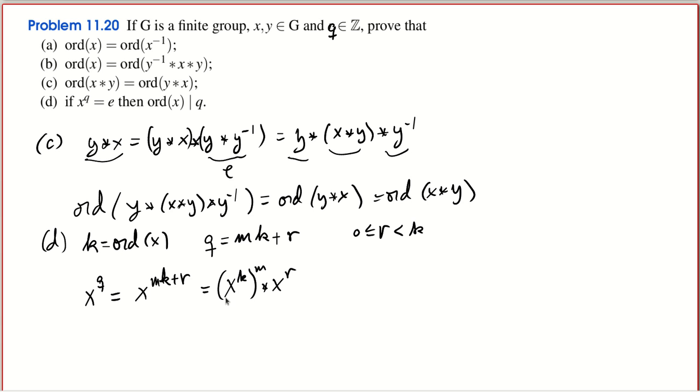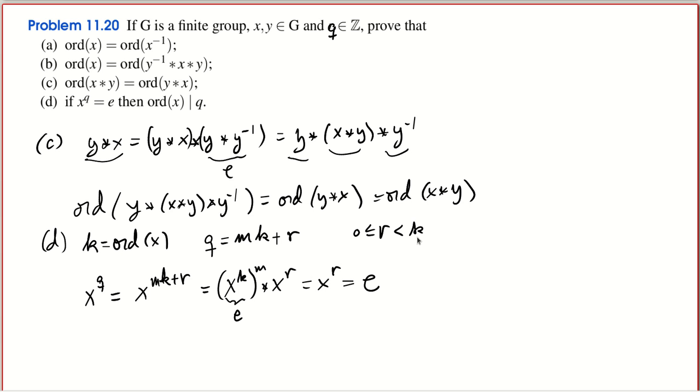Now x to the k, remember, is the order of x, so this is equal to e, and e to m is just e, the identity, and the identity multiplied by this is just this. So we're just transforming this expression, which we know is the identity, and we find out that this is equal to this other one.